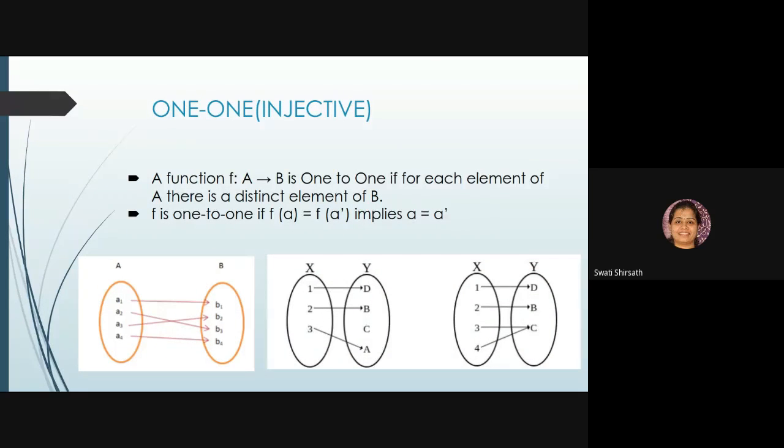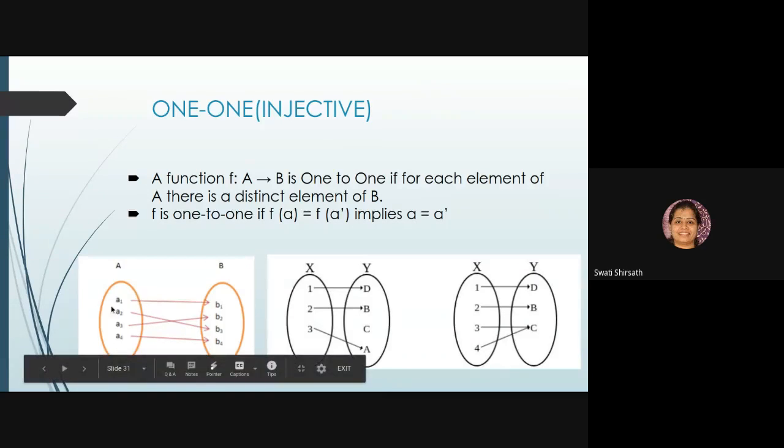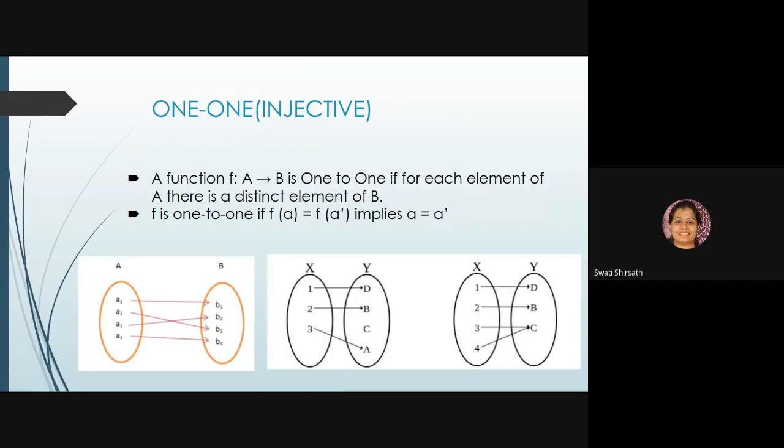So let's see the one-to-one function, where every element of the domain has a unique and distinct mapping in B. Distinct means we are expecting only one mapping from elements of the domain to the codomain.